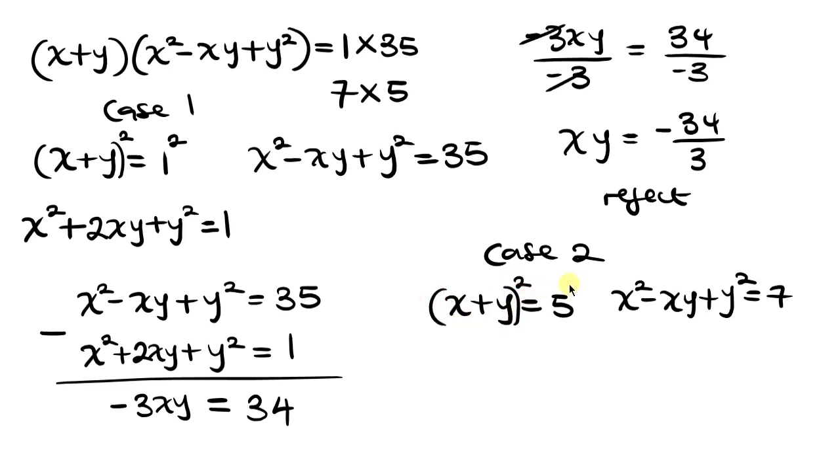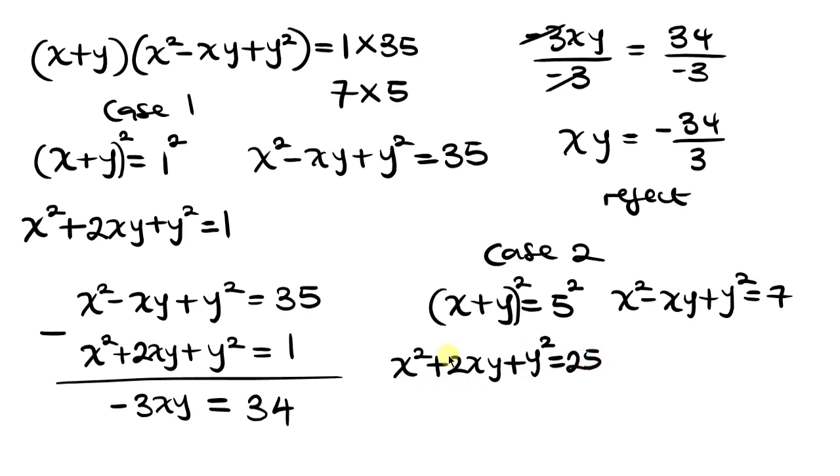I'll also take the square of the right. So squaring the left-hand side, we have x squared plus 2xy plus y squared to be equal to, now 5 squared is actually 25.